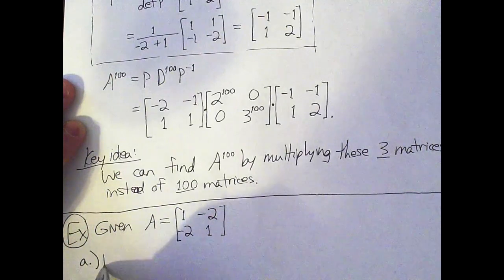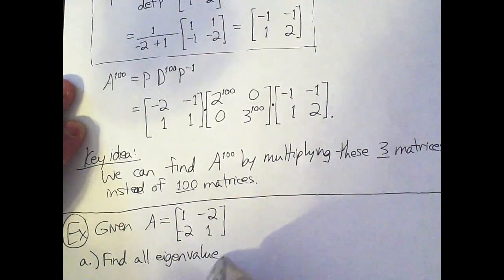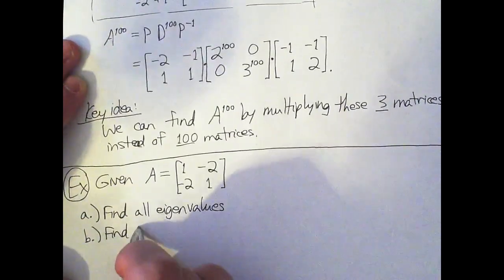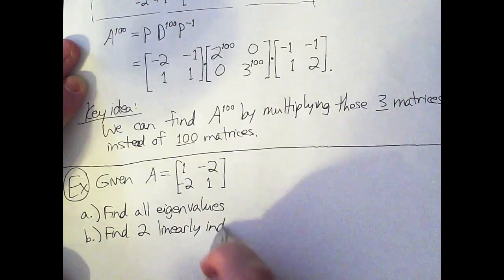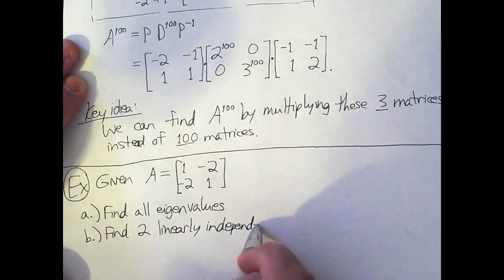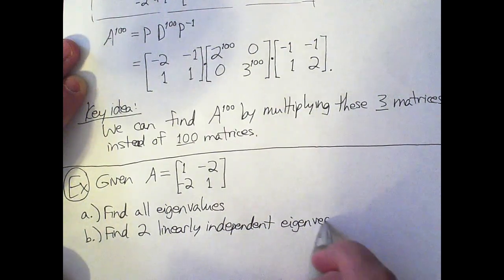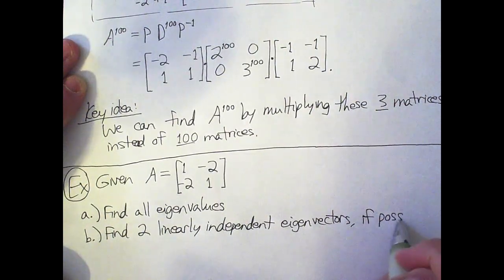Part A, find all eigenvalues. Part B, find 2 linearly independent eigenvectors, if possible.